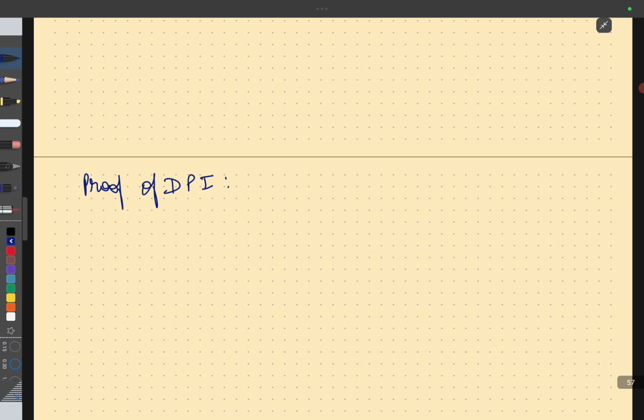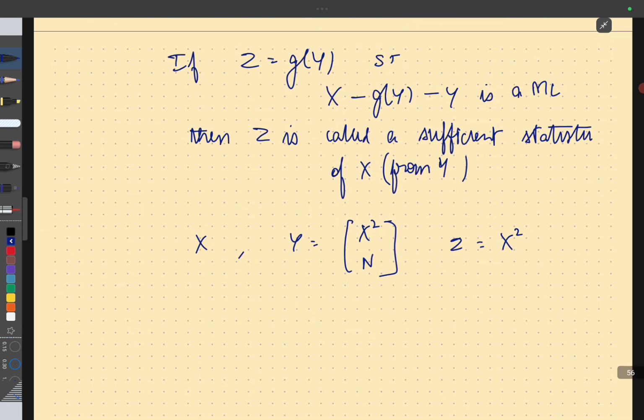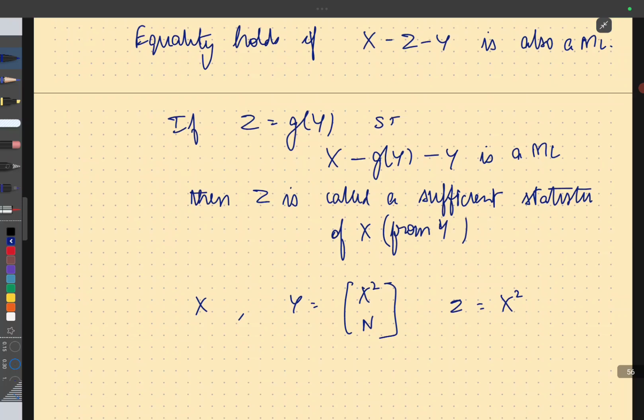Any questions? What happens if it's just one function, G of y? Okay. So G is bijective, obviously. It's just one-to-one. It would still be true, yes, I agree.